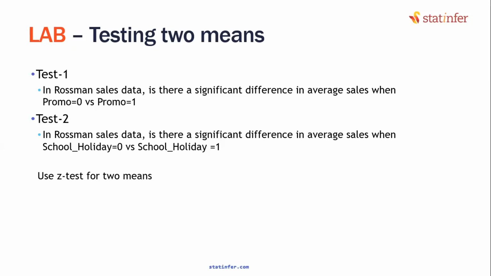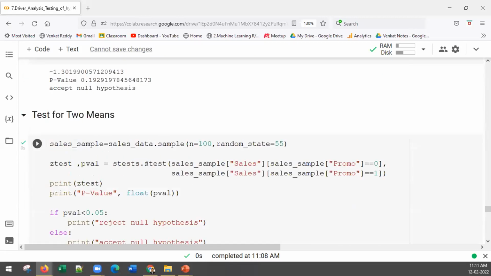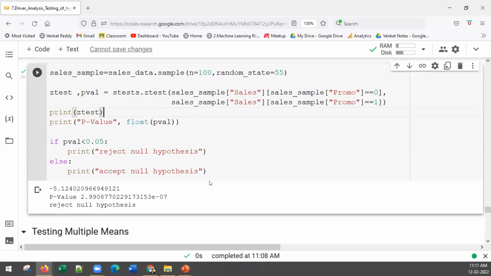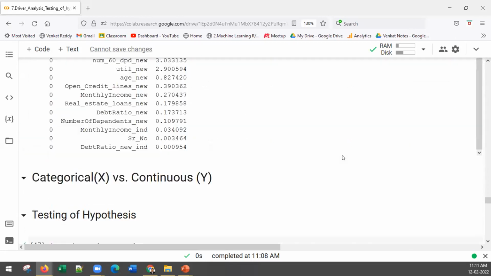So let me also see that. This one you have to write the code. Have you written the code for it? Here we have to write school holiday. What is the variable name?